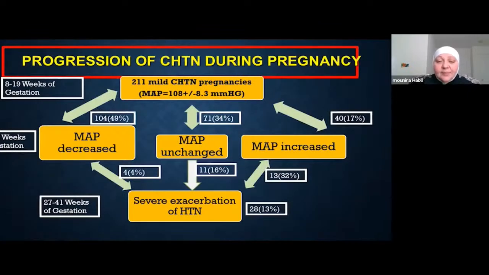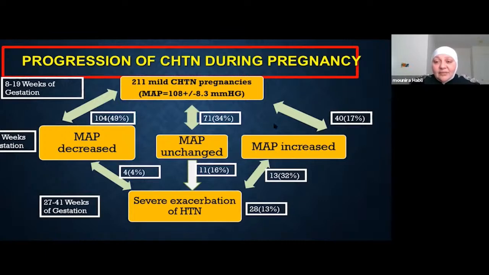This is a nice paper presented by Sibai, which shows that in 200 patients with mild chronic hypertension, what is the percentage of those patients that will develop severe exacerbation of hypertension? They divided them into three categories: those that had decreased mean arterial pressure, unchanged, and those that had increased mean arterial pressure.